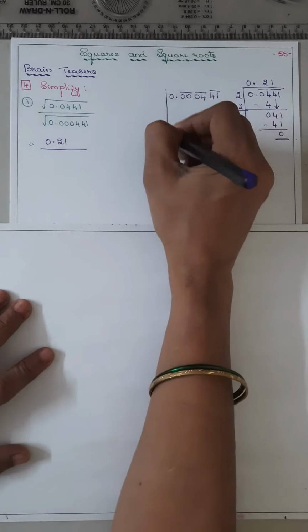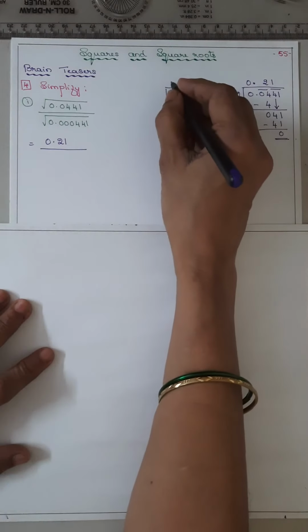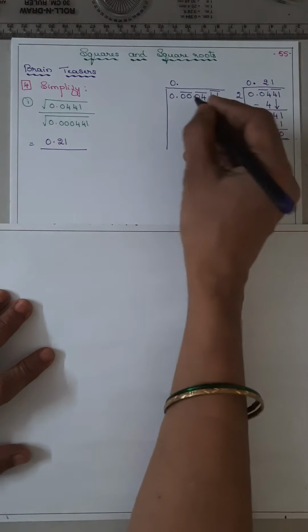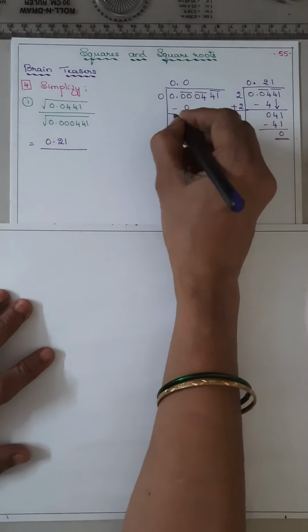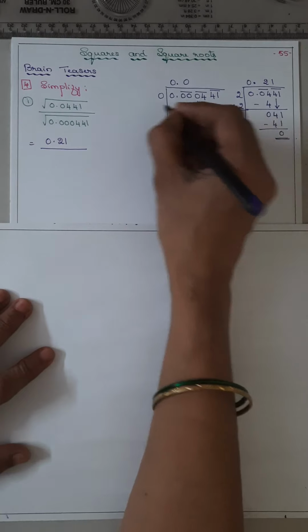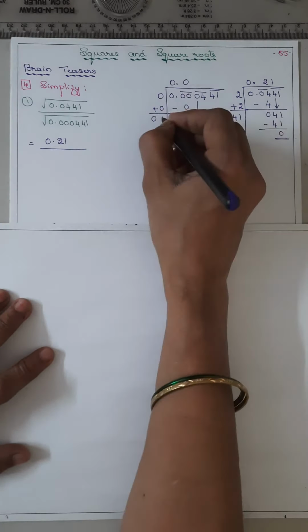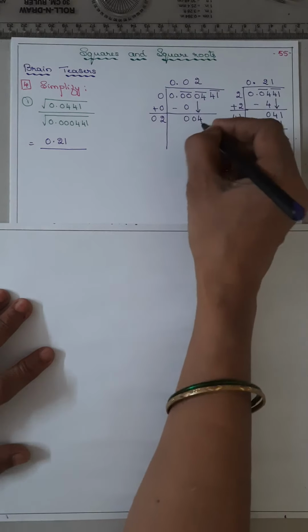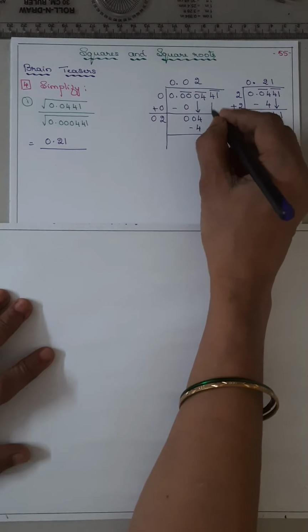So in the numerator, the answer is 0.21, and in the denominator, we'll see 0.000441. Now for the zeros, bring 04 down, add 0, 0. For this it will be 2 2s are 4. 4 minus 4 is 0.